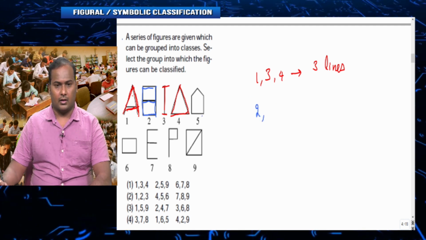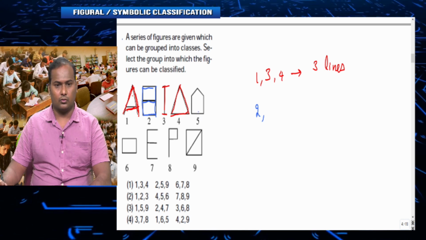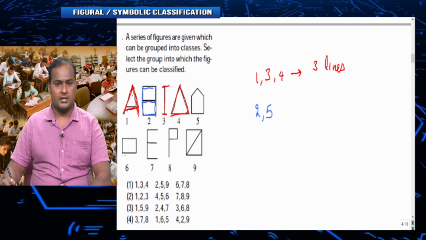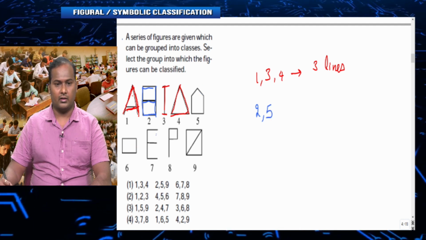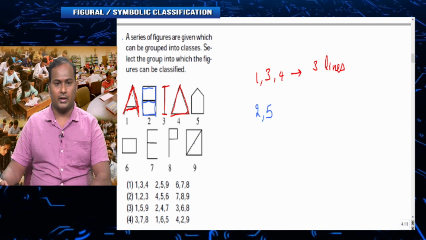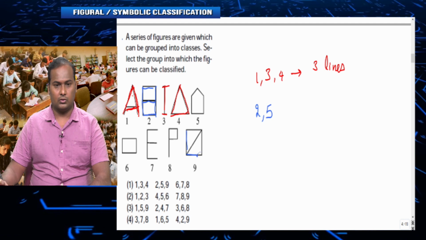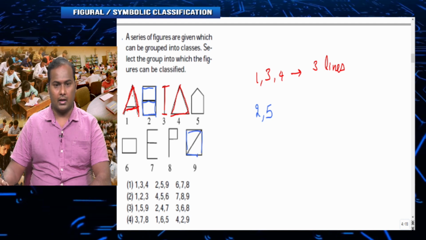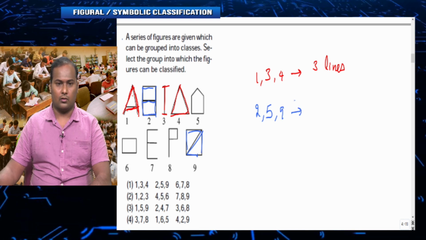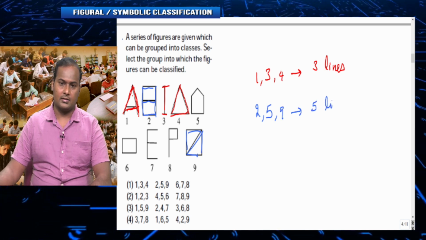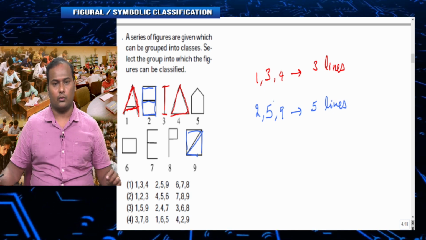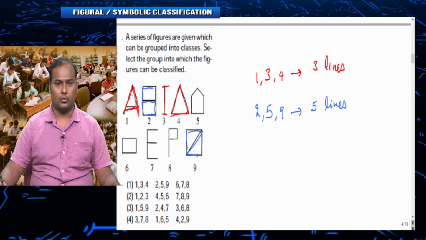Figure 5 is 1, 2, 3, 4, 5, so here also I can see 5 lines. 6 has only 4 lines, 7 has 4 lines, 8 has 4 lines. 9 again has 5 lines, 1, 2, 3, 4, 5. So 2, 5, 9 have 5 lines, and based on the character of 5 lines we grouped 2, 5, 9 into one group.